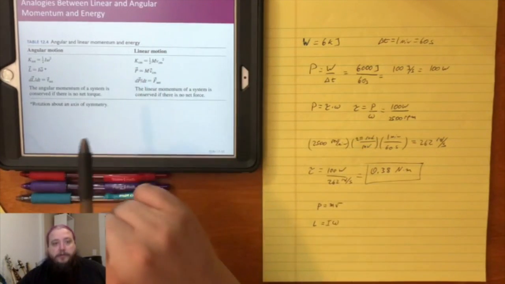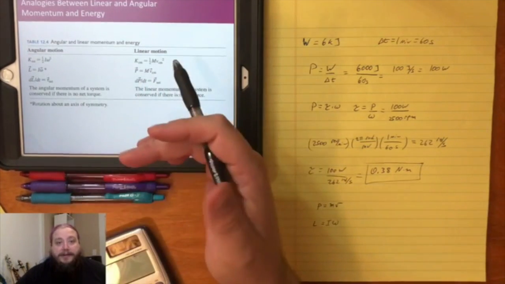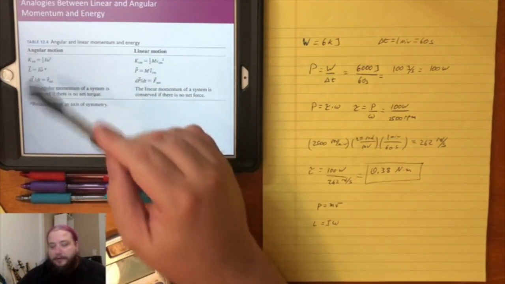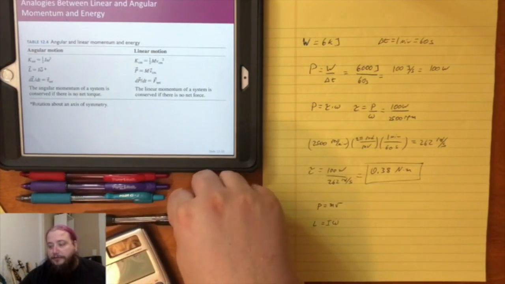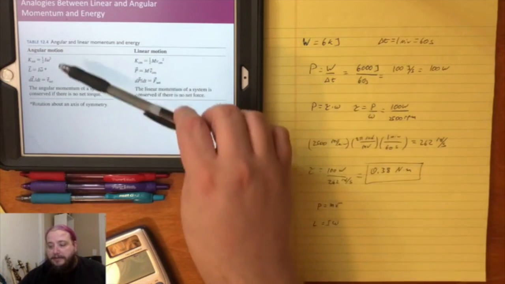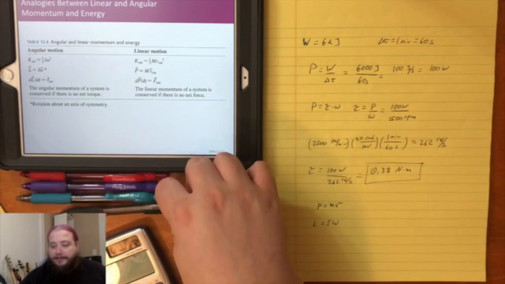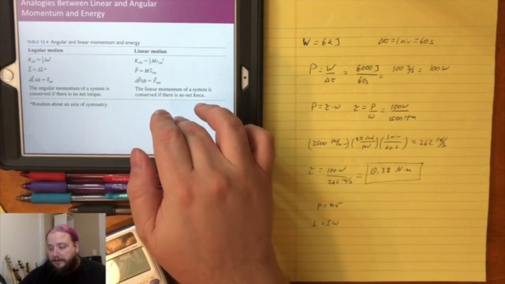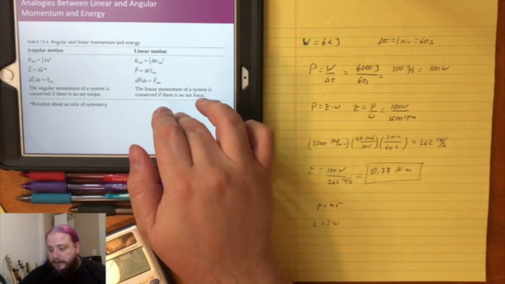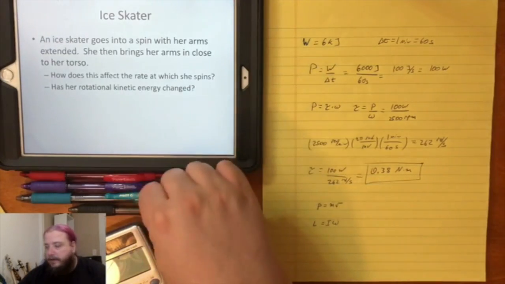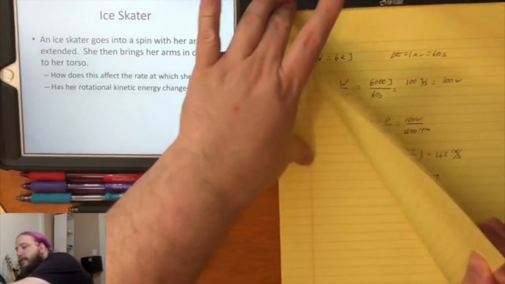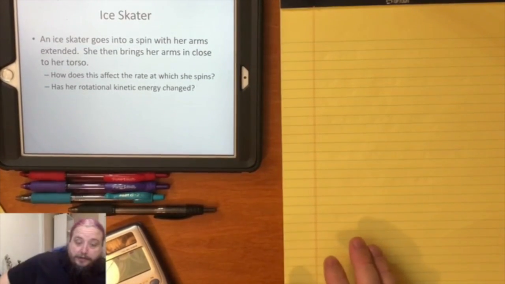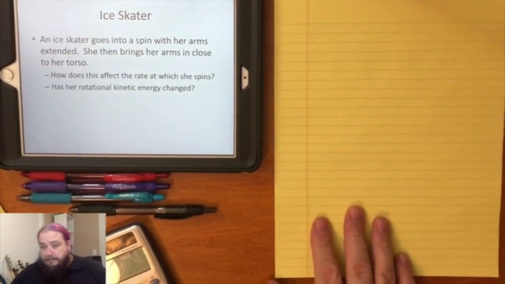This one-to-one echoing of the linear motion equations in the angular motion equations allows you, if you can remember these, to figure out those, although obviously these will also be on the equation sheets.